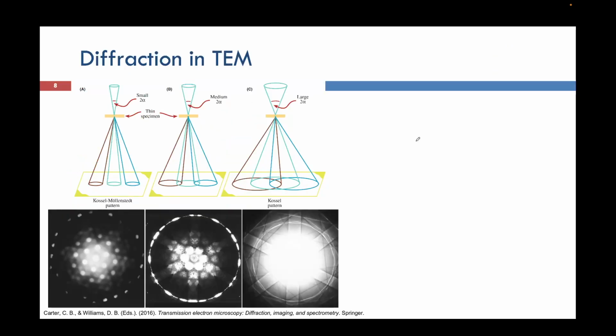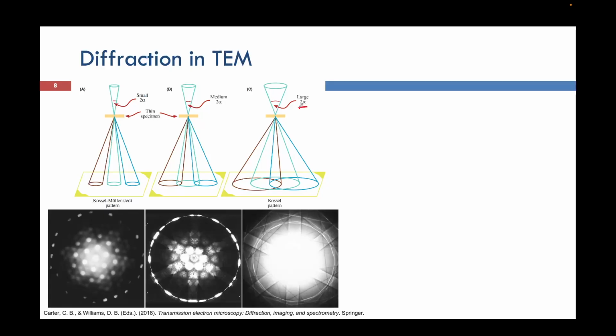There are different types of operations associated with CBED. When I say that we have to converge the beam, you can ask how convergent we can make it. If we are converging the beam and getting more information, shall we go for a large convergence angle?